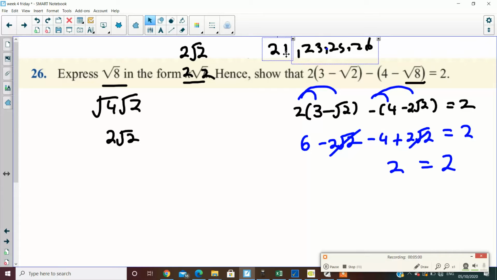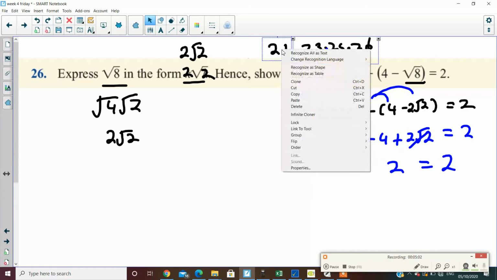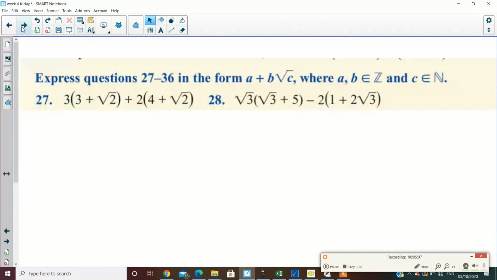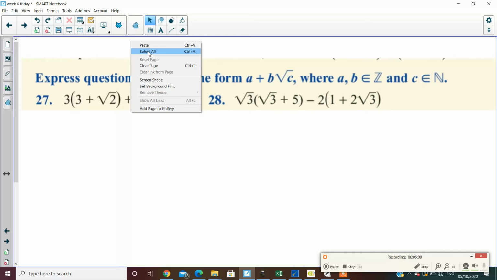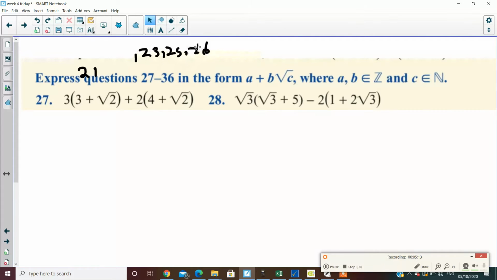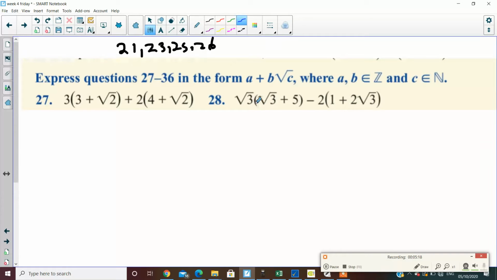Getting a bit more difficult now. All right, 28. Those of you that are with me. So you guys often get confused by this, don't you? Here's what it means.